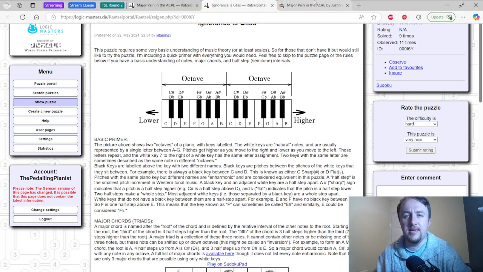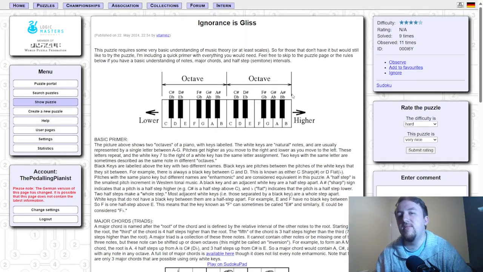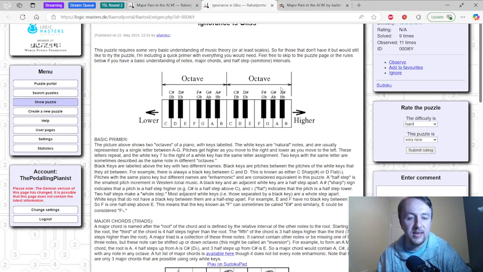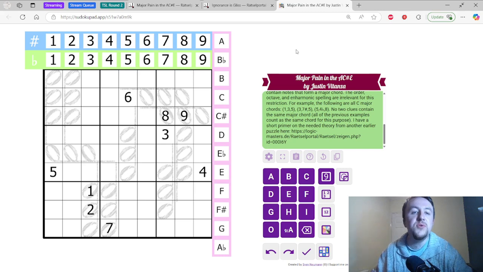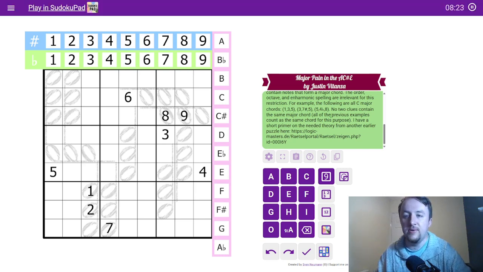So hopefully, if you don't already have a bit of an understanding of music theory, you can have a read through this on Ignorance is Bliss. But I will try and explain what I'm doing as I go along.